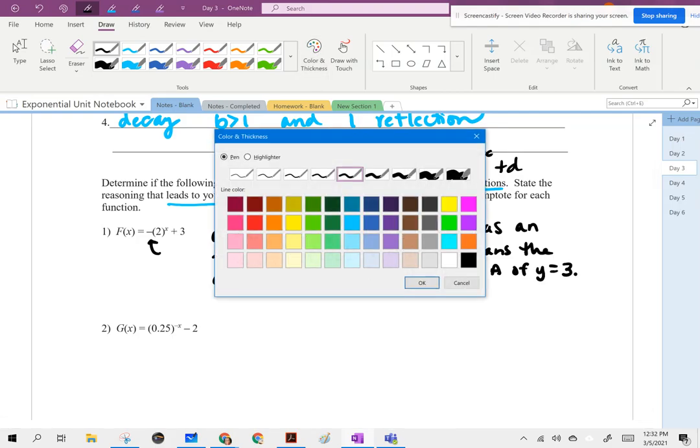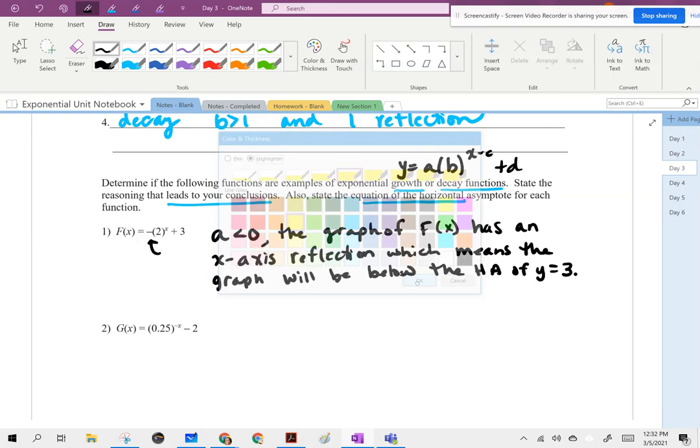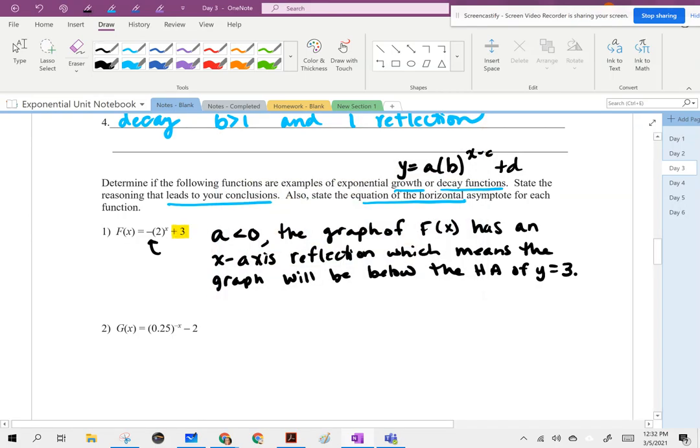And again, this value right here is that horizontal asymptote. So now we've addressed the A value and we've addressed this.